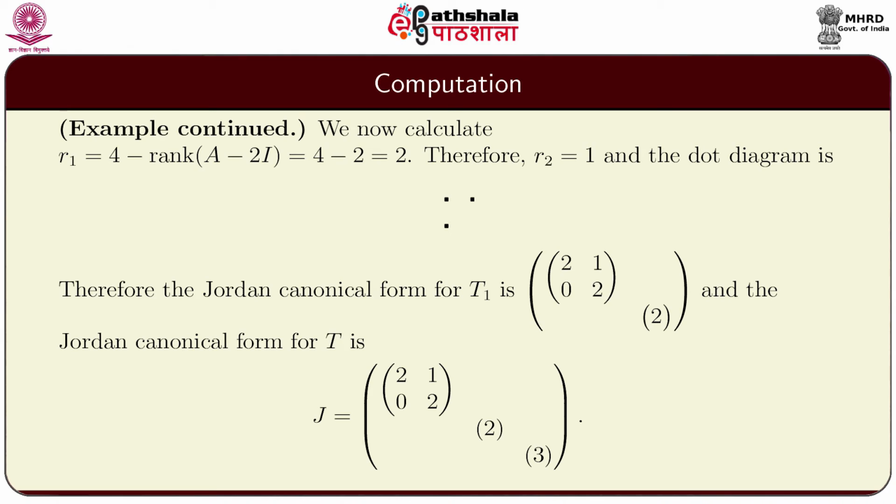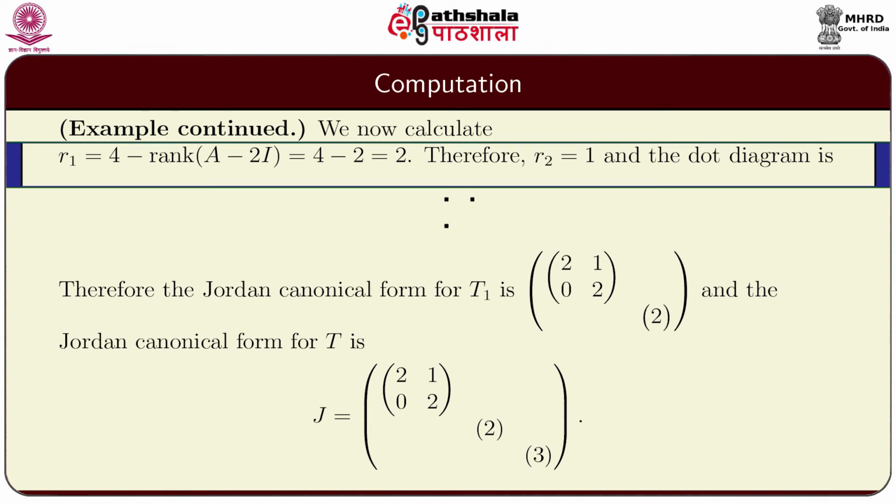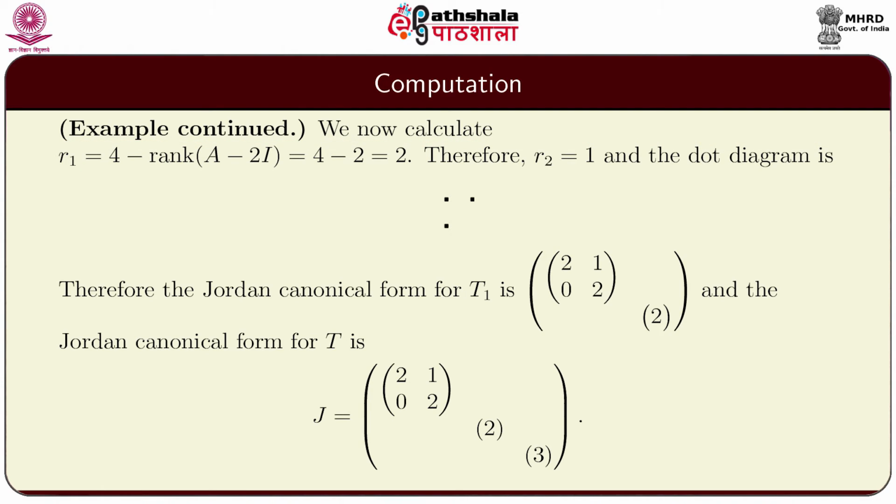Let us now calculate this number R1, which is 4 minus rank of A minus 2I, that is 4 minus rank of that matrix 0, minus 1, 0, 1; 0, 1, minus 1, 0; 0, 1, minus 1, 0; and 0, minus 1, 0, 1. Then an easy computation shows that this number is 4 minus 2, and that is 2.